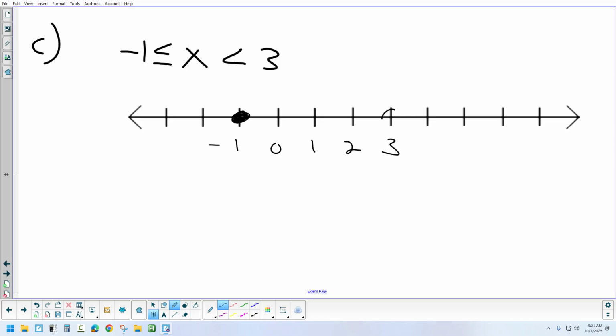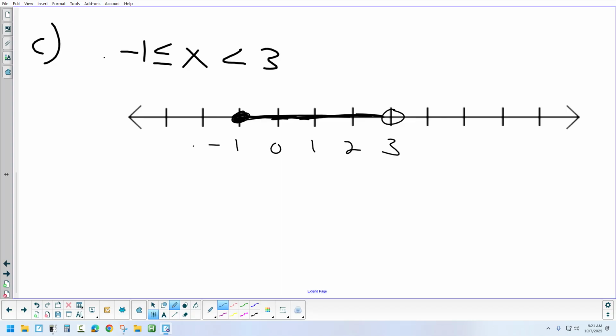That's an open. And where do we shade? In between. So is this a bounded or an unbounded interval? Bounded. This one's bounded, yep. Fully open, fully closed, or half open? Half open. It's half open on the right. So this is an inequality, this is a graph.